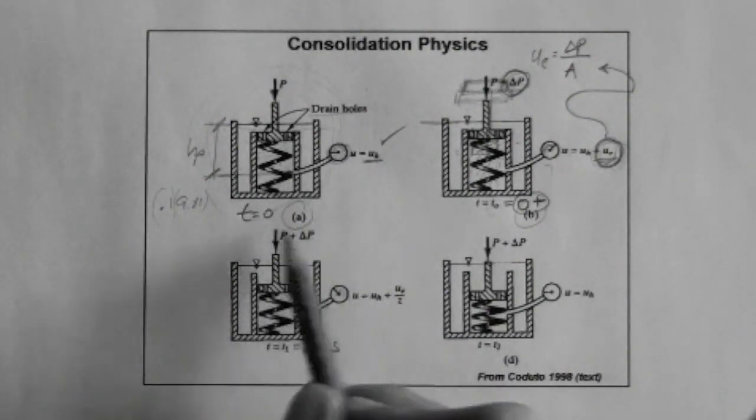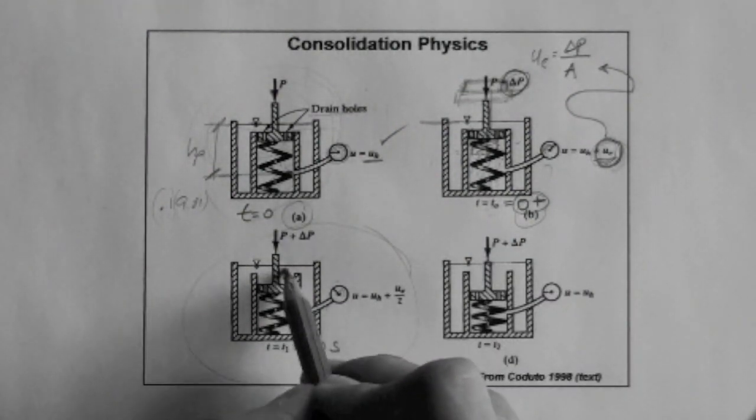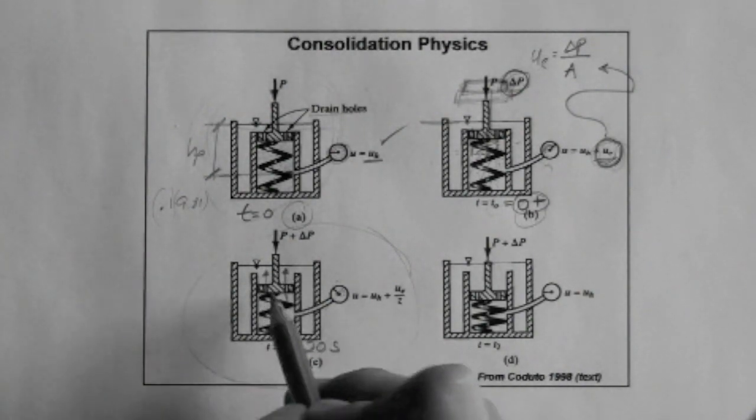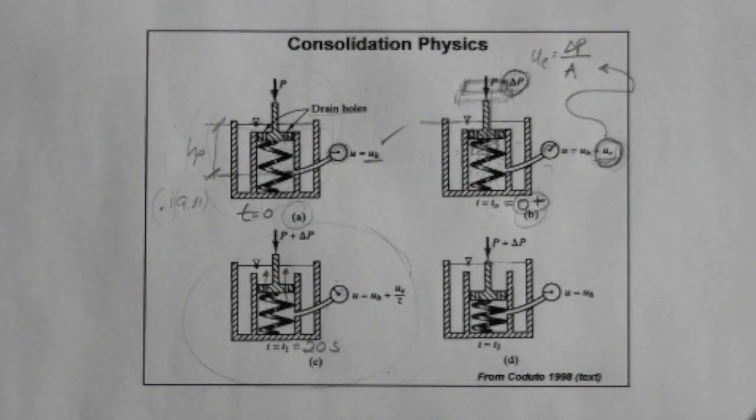So what's happening is the consolidation process is taking place. The water is escaping through the drain holes because it's pressurized, in addition to hydrostatic. The water wants to be pressurized at hydrostatic. When you pressurize it at a higher pressure than hydrostatic, that is, with an additional pressure, the excess pore pressure, then it wants to minimize the energy condition, and therefore it wants to escape to achieve a hydrostatic condition where the pressure is only hydrostatic.